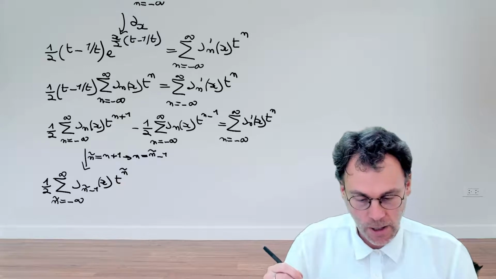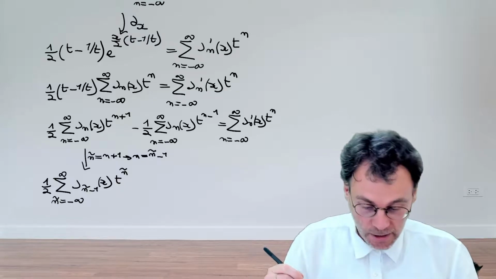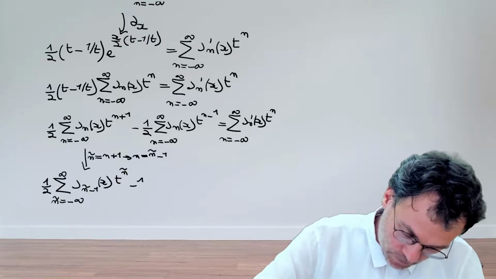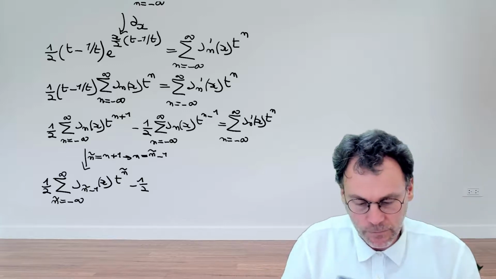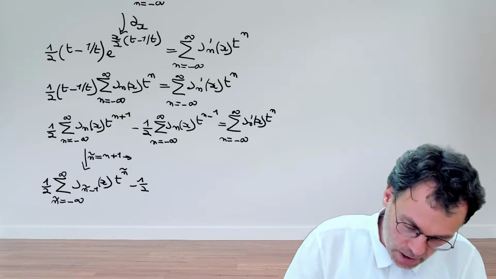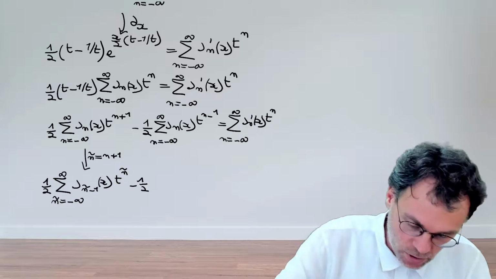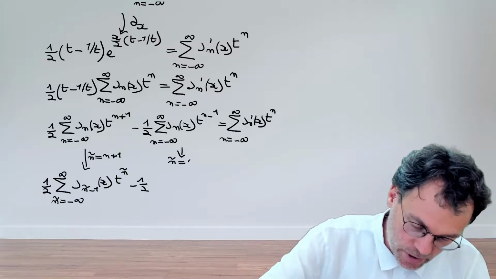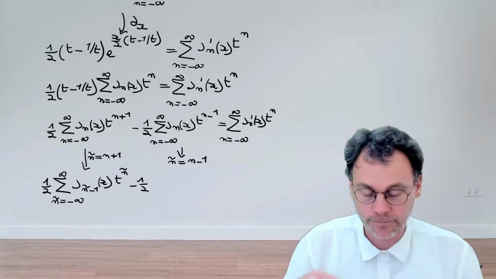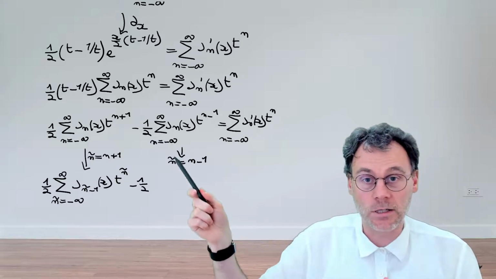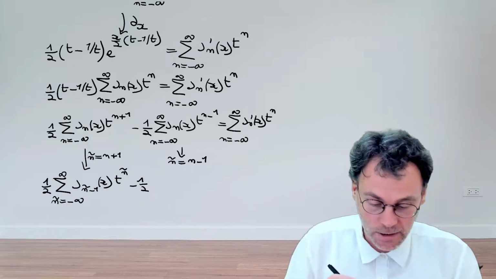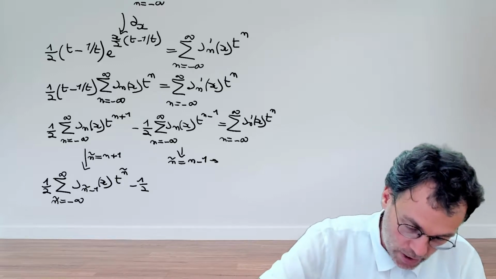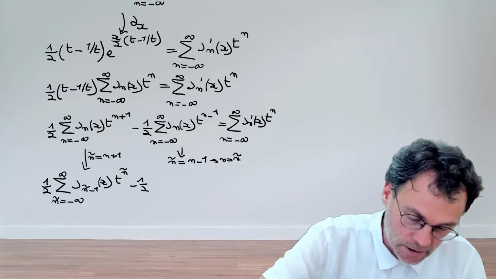Okay, good. For the second series expansion, minus 1 over 2 here, what we're going to do is make a different substitution, which of course will be that n tilde will be equal to n minus 1. And again, remember that this n tilde is not the same as that n tilde. So n will be equal to n tilde plus 1.